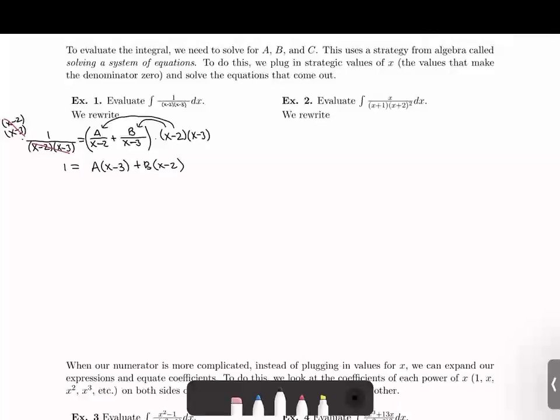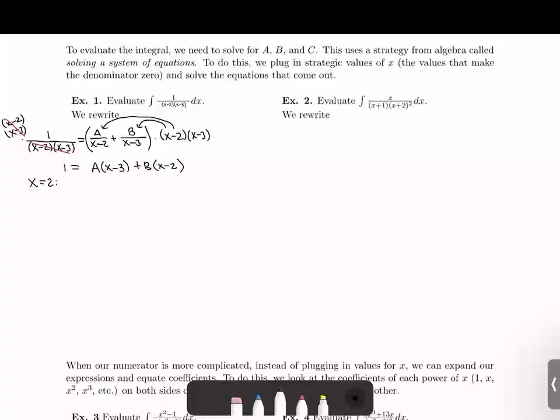So what we're going to do now, like I mentioned earlier, is plug in strategic values of x. In particular, we're going to plug in the values of x that make that initial denominator 0. So remember that initial denominator is x minus 2 times x minus 3. So we're going to start off by plugging in the value x equals 2.